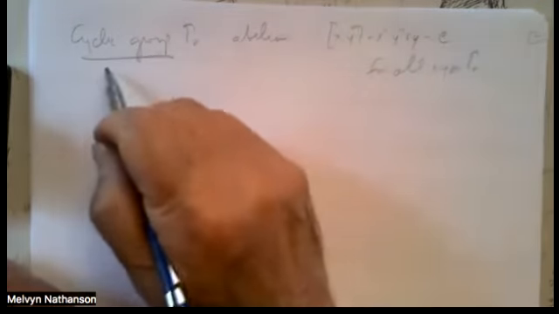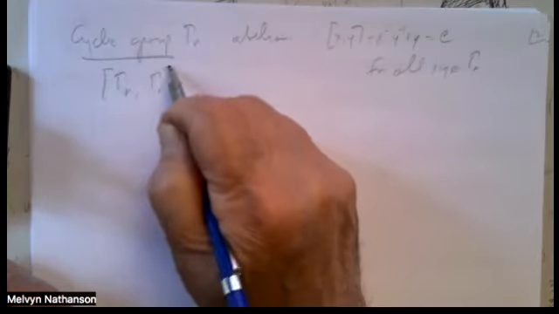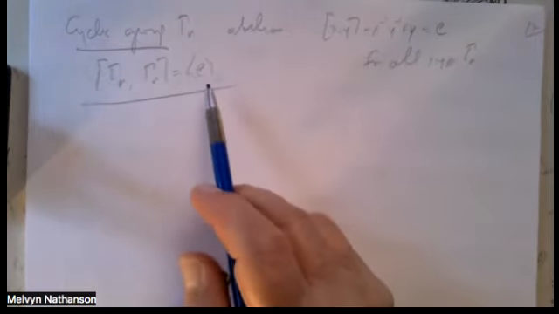So the commutator is the identity for all x and y in the cyclic group. So the only element in the commutator subgroup is the identity. And in that case, the commutator subgroup is just a trivial group consisting of only the identity element.